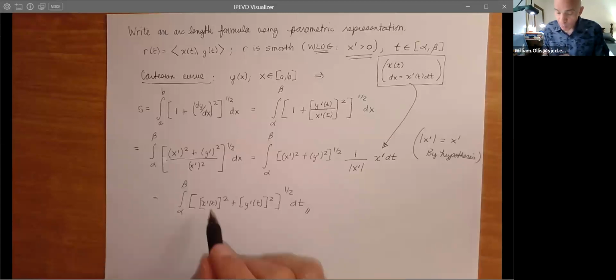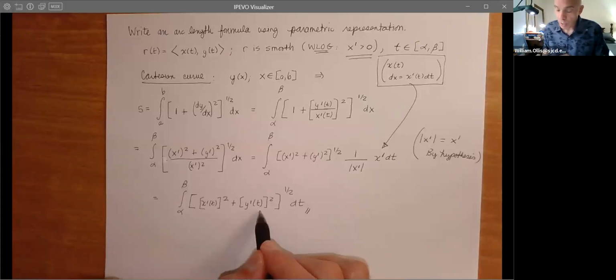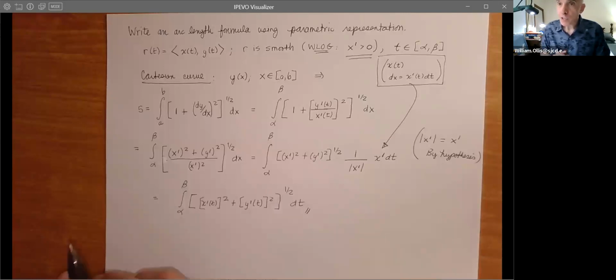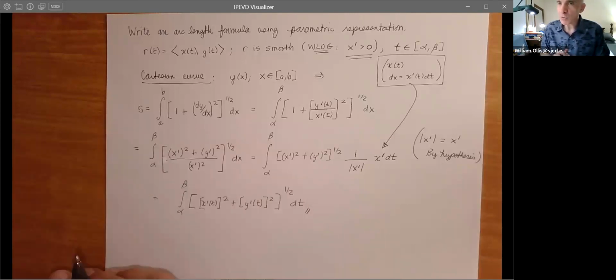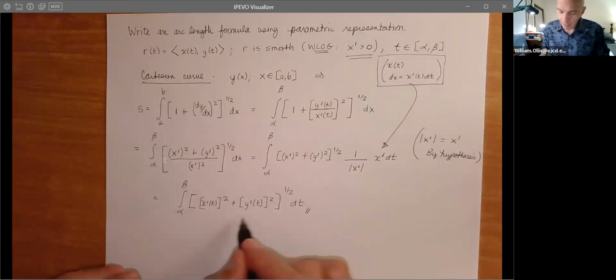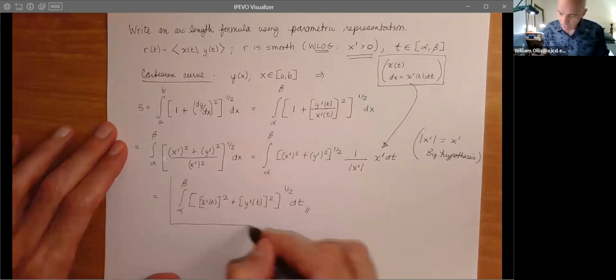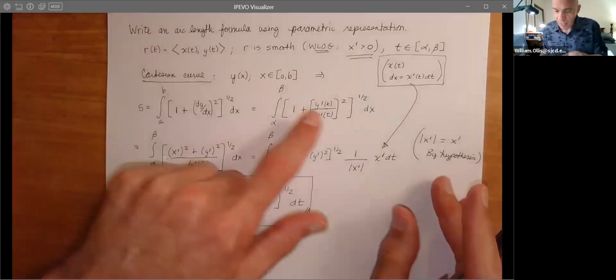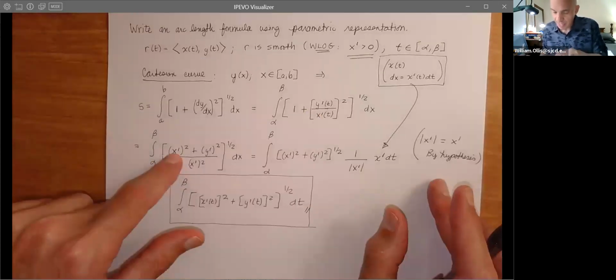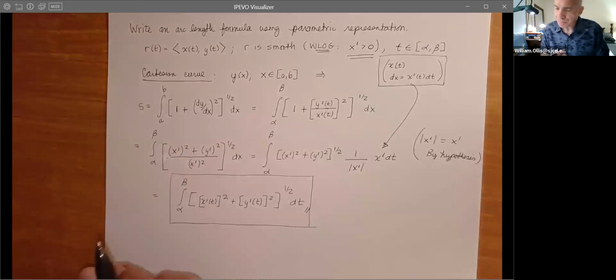So you have the square root of x prime squared plus y prime squared. So this is very Pythagorean and very easy to think about, and it makes the parametric form of the arc length very easy. So again, I'm not trying to be sloppy, but just to write a little less, we just do x prime, and then at the end we can put in the t dependence.